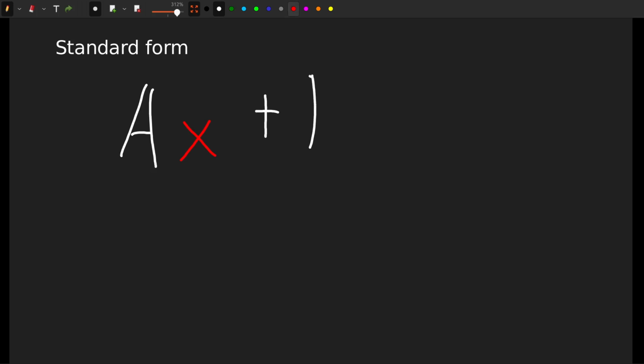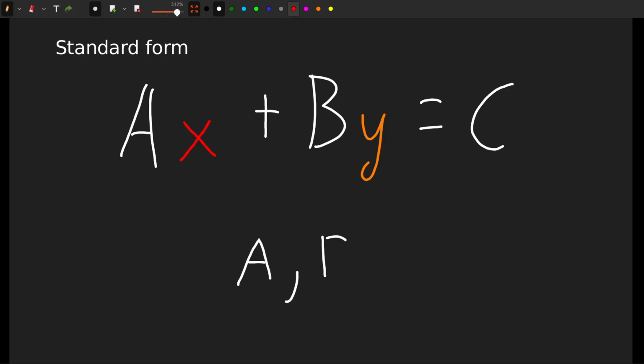The standard form looks something like this: ax plus by is equal to c, where a, b, and c are all real numbers, so they all exist in the real number set. This is known as the standard form of a linear equation in two variables.